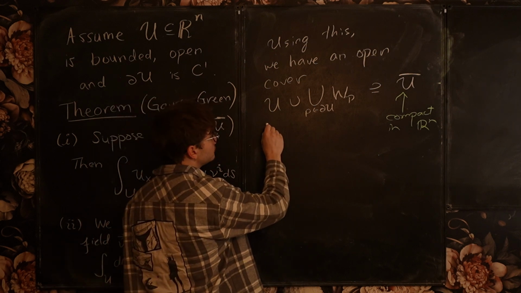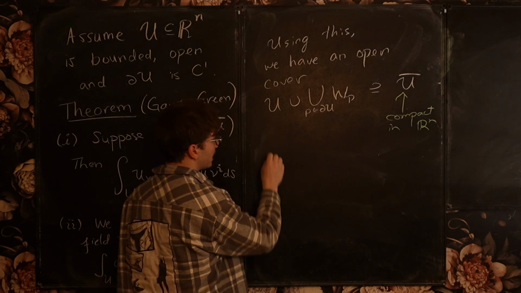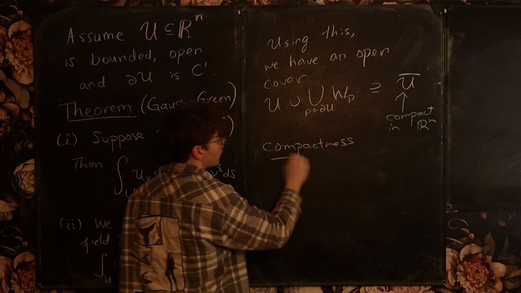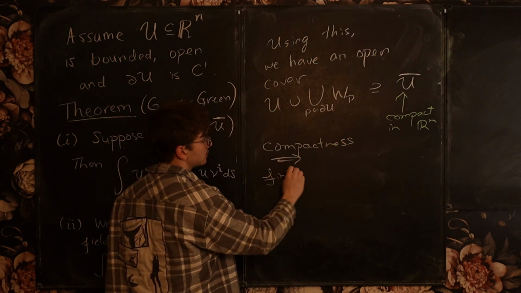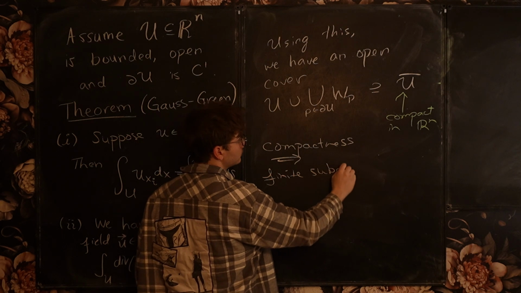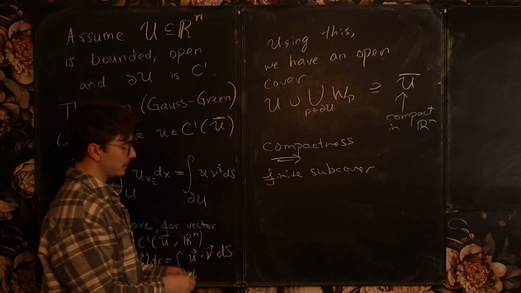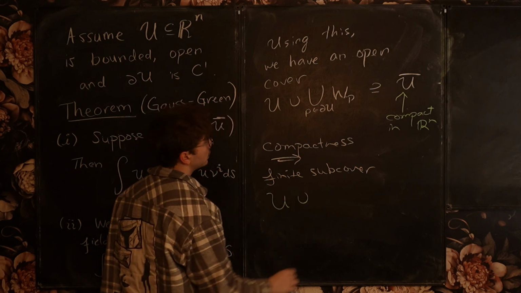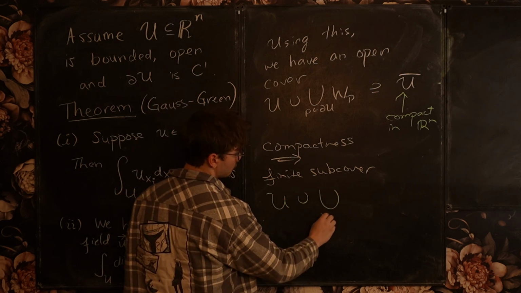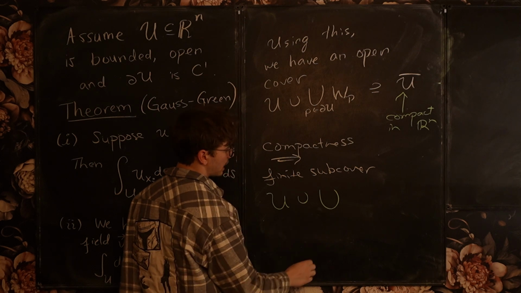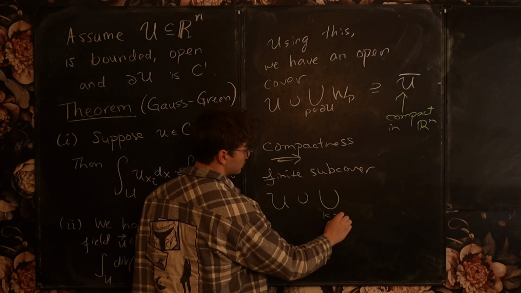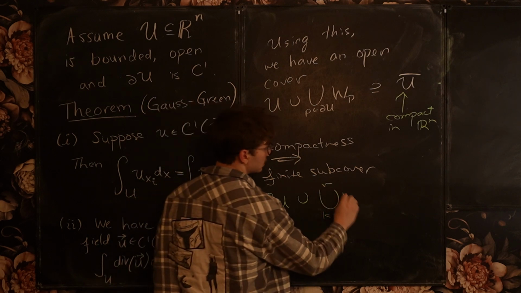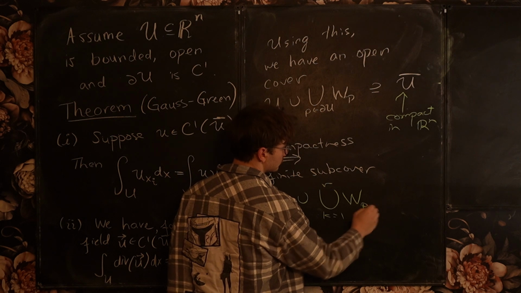And therefore, by compactness, we get a finite subcover. And so our finite subcover is going to be U union with, let's say, the union from K equal to 1 to, let's say, R of these WPKs.